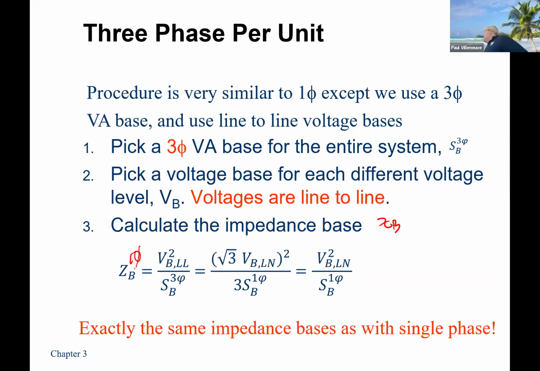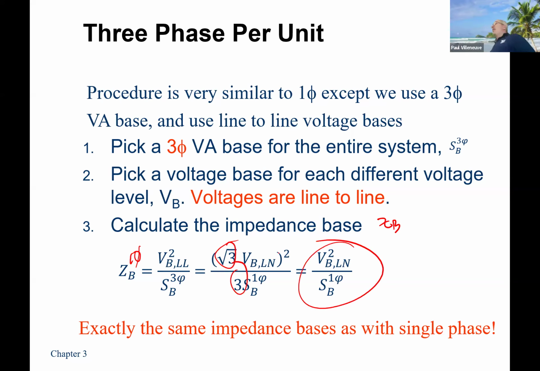My line voltage, I can get from my phase voltage by multiplying by the square root of 3. And my S base for 3-phase is just 3 times the single phase base. When I plug those values in, this square root of 3, which is squared, will cancel out that 3 term. So what I end up with is exactly what I had for single phase system.